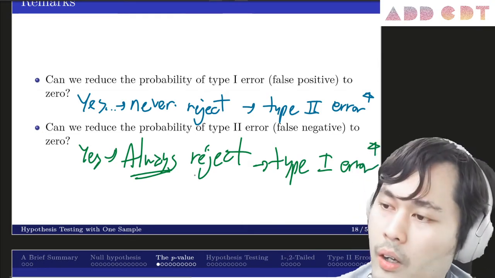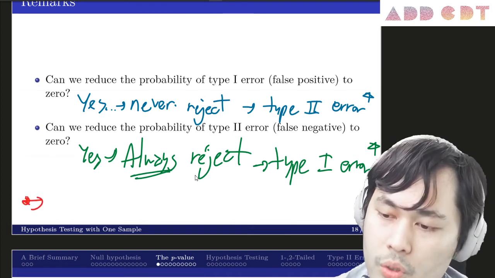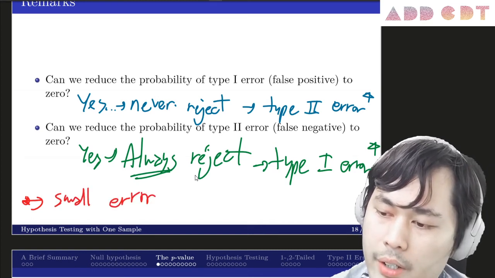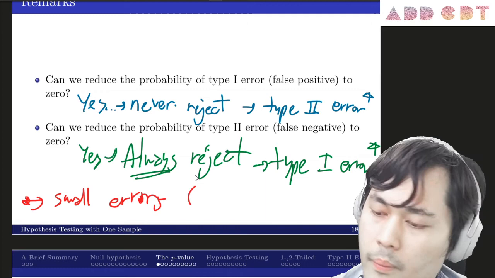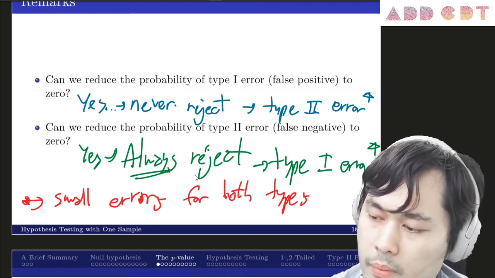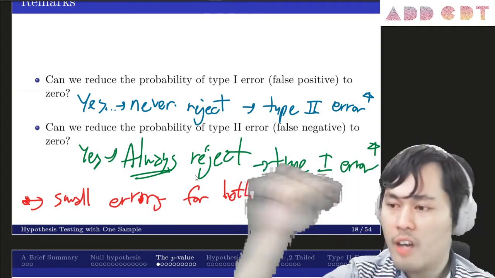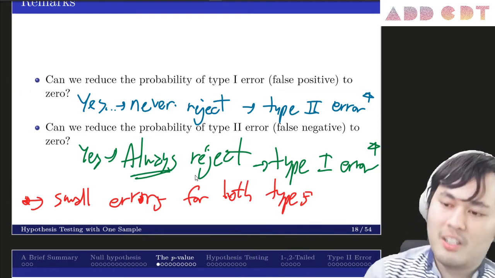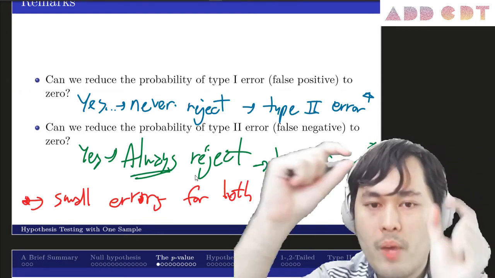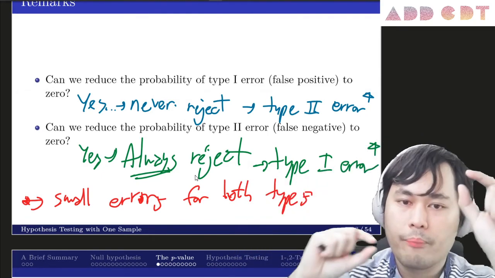So in practice, in reality, we can only try to get small errors for both types. We cannot get 0 on both or on any of them. I mean we can, but it's going to be foolish. So we can only settle for small values here for both type 1 and type 2 errors.